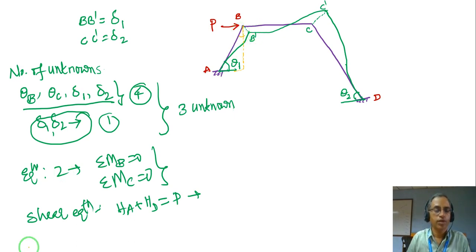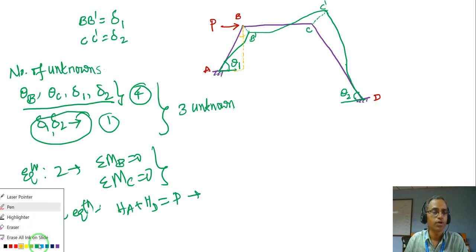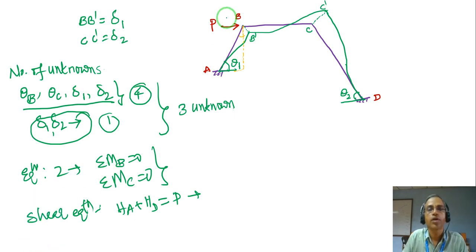Now what I'll do, I will take a vertical drop here, like this. Let's say I call it double dash. So then if I draw carefully here, this will be B and this is B dash, the deformed position, and this is the assumed point B double dash.